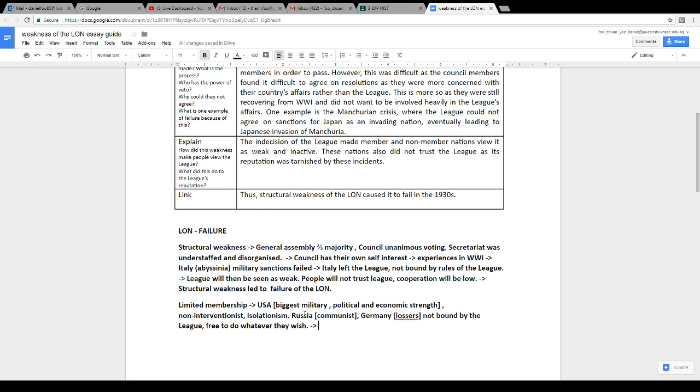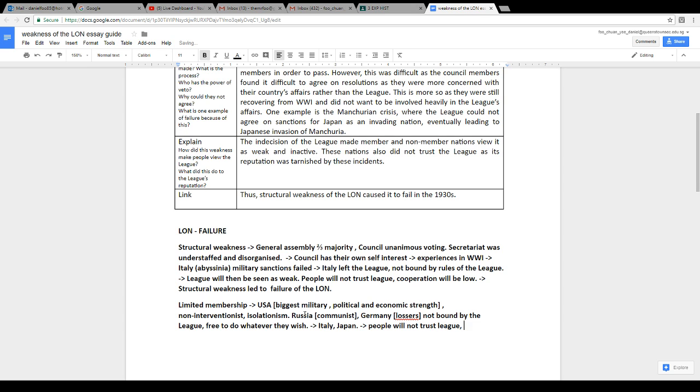So again, choose one, Italy or Japan, and write the exact same thing. They couldn't carry out the sanctions because they couldn't agree. They didn't have the military might to carry it out. And hence, again, same thing. People will not trust the League.